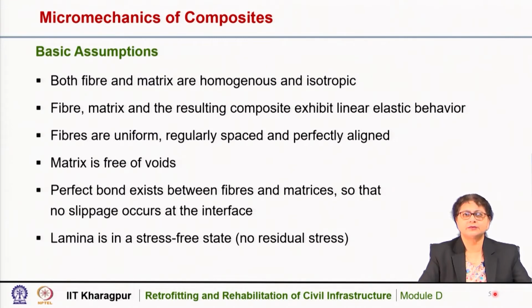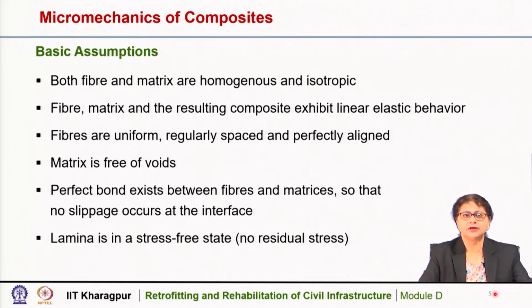In determining the properties of composite, there are several basic assumptions. The assumptions are that both fiber and matrix are homogeneous and isotropic. The composite may not be homogeneous because of the presence of fibers, but individual fibers are homogeneous and isotropic, and also the matrix part.